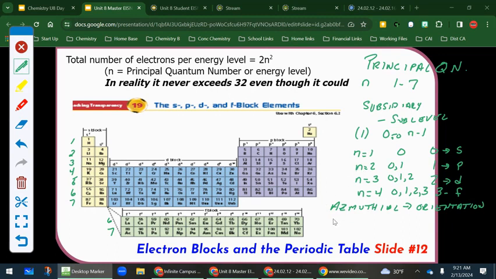That is based on the L value, but we give it the symbol M. And it is from negative L to L. That's how we find the values. So if L equals 0, the values of M are 0. Sorry, 0 to negative 0 would be 0. Which means for this S sublevel, there's only one orientation of it. 1. That's it.